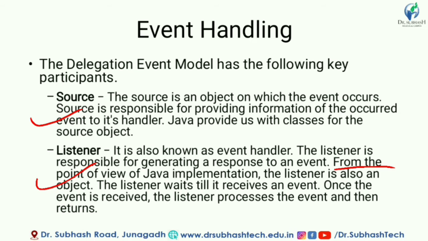The listener waits till it receives an event. Whenever an event occurs, for example you click the button, then the listener will be invoked. Once the event is received, the listener processes the event and performs some actions. So the listener gives responses according to events.